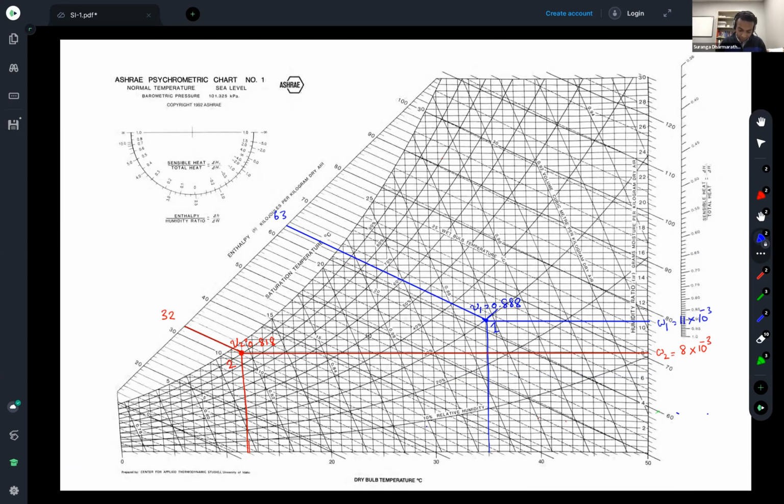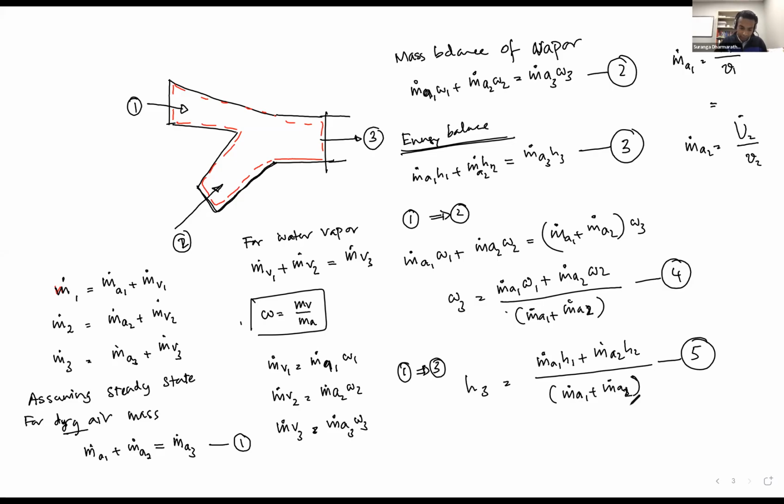So if we go back, stop sharing, and then share our whiteboard. Let me take it down in blue for state 1. Omega 1 is 11 times 10 to the power negative 3 kilograms of vapor per kilogram of dry air. And H1 is 63 kilojoules per kilogram of dry air.